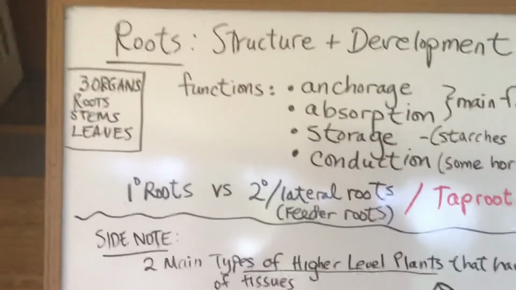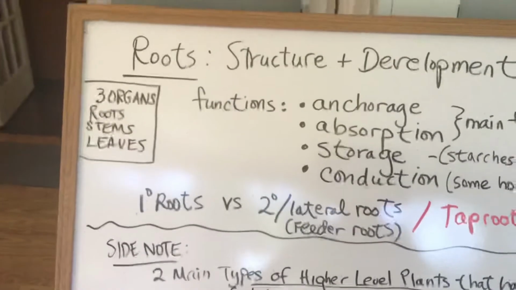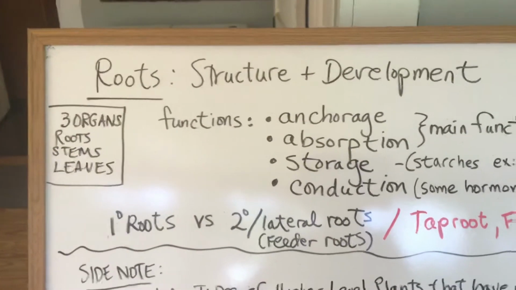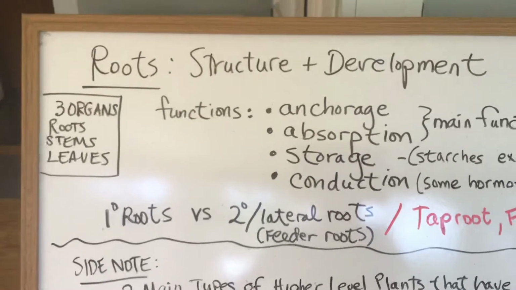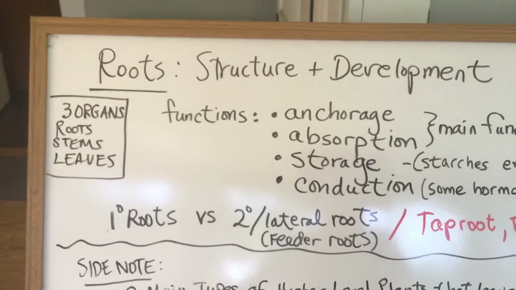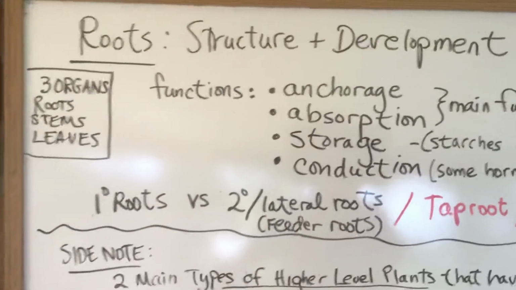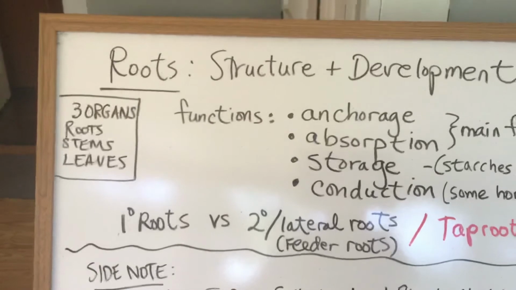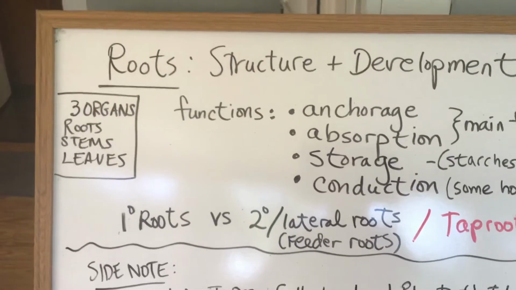Most plants will have a primary root system, that is, a root that is initiating the growth down from the seed, and then from that will break off other roots called secondary, sometimes tertiary, quaternary roots, and those are what we call lateral roots, and those act as feeder roots. Feeder roots are usually the roots that you see at the surface, and they are the ones gathering water and nutrients mostly for the plant.